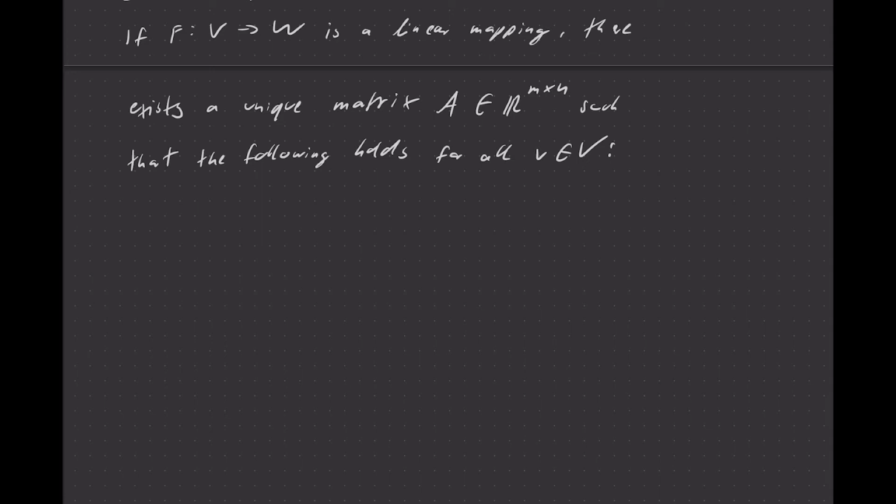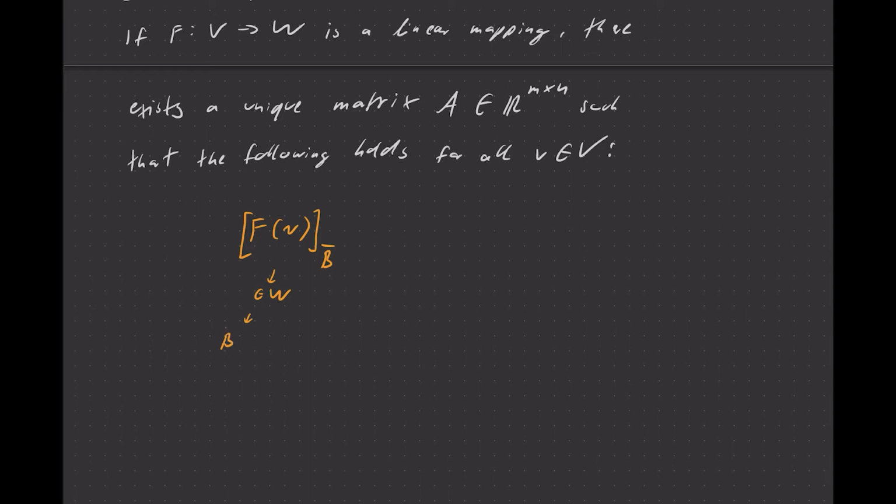And what we need here is, if we compute the image of V under F, and then of that image, take the coordinate vector with respect to the coordinate system in W. So remember, this is contained in W. So what we have here is a coordinate in B bar.